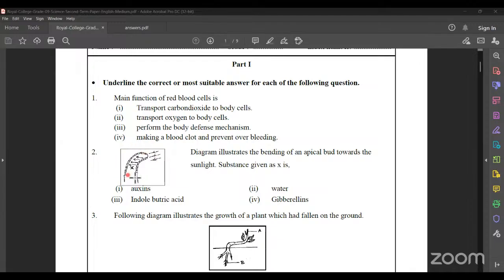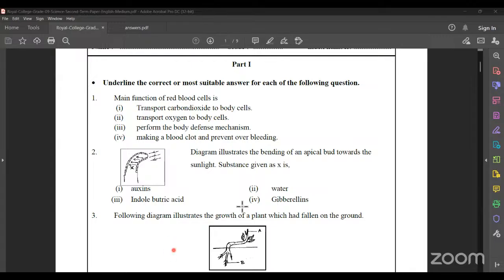So what do you think the substance X is? They have given 4 choices: auxin, water, indole butyric acid, and gibberellin. First one. Yes, very good.